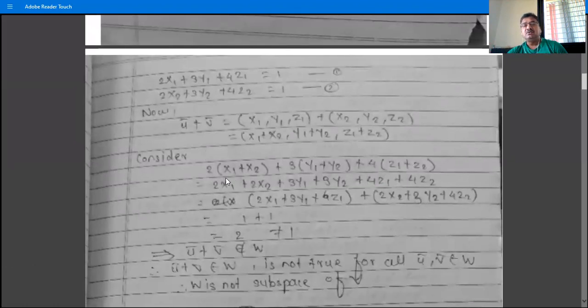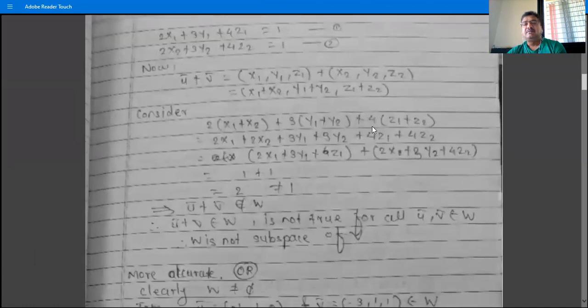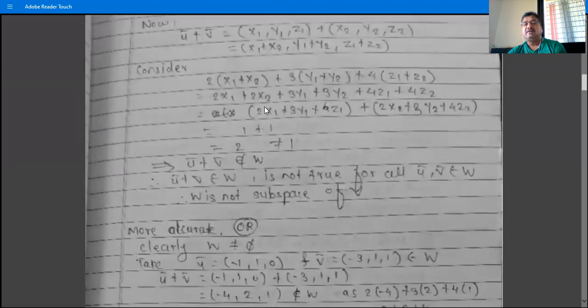So consider 2(x1 + x2) + 3(y1 + y2) + 4(z1 + z2). Multiply by 2, 3, and 4 in the brackets, and then collect the terms: (2x1 + 3y1 + 4z1) in one bracket, plus (2x2 + 3y2 + 4z2) in another bracket.